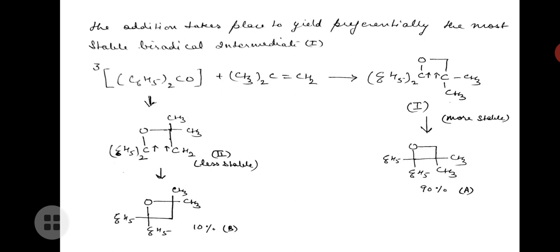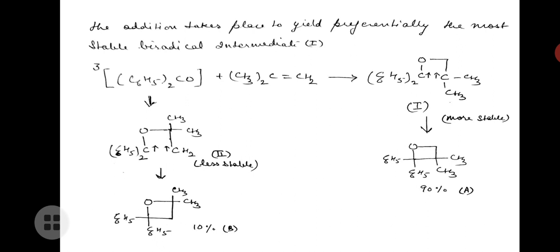I hope you understood this mechanism. Moreover, irradiation of benzophenone with either cis or trans 2-butene yields the same mixture of both isomeric oxetanes.